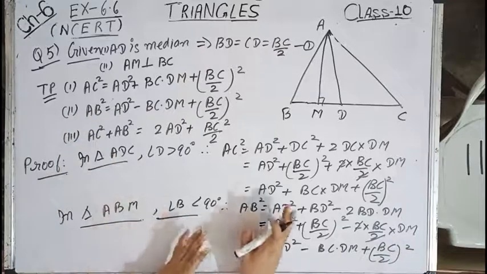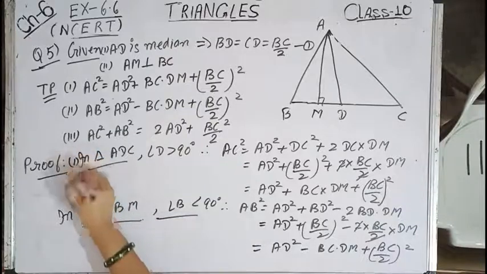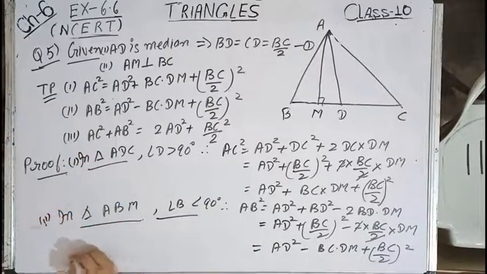Okay? Now 1 and 2 are solved. Now let us add 1 and 2. When we add 1 and 2, we will get the solution number 3.